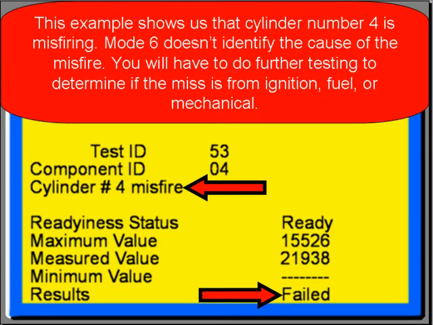This example shows us that cylinder number 4 is misfiring. All you care about is the results, and it says failed here. Means we failed. Mode 6 doesn't identify the cause of the misfire. You're going to have to do further testing to determine if the miss is from ignition, fuel, or mechanical.